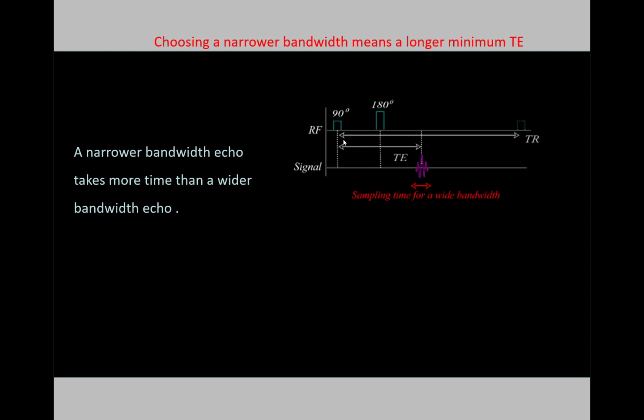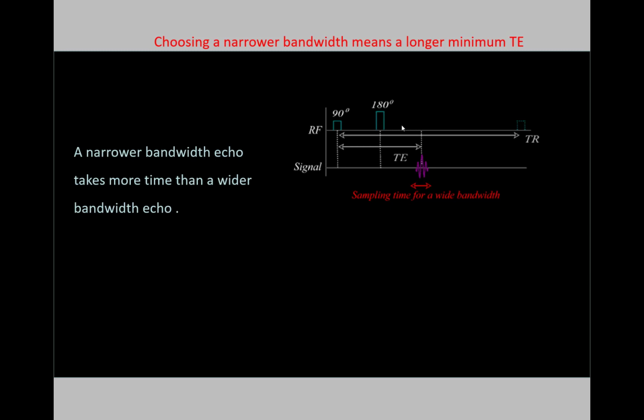So here we have a 90 180 radio frequency transmitter for a spin echo, and here's our echo, and this is our TE value. So here we're assuming that we've set a wide bandwidth, and with a wide bandwidth we say we've got a shorter echo, so we wouldn't expect the duration of this echo to be overly long.